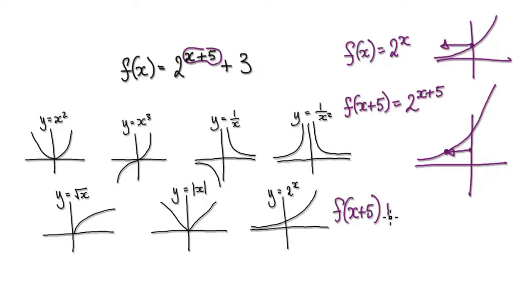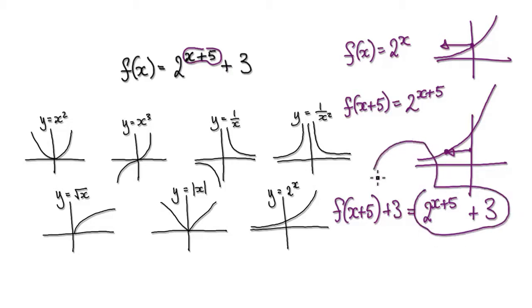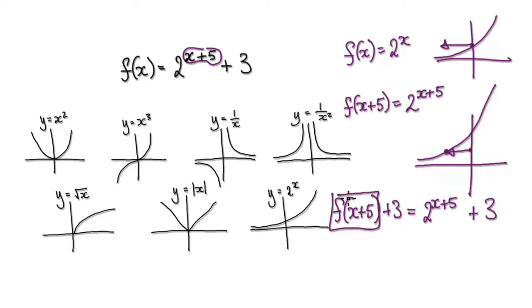The previous graph is 2 to the power of x plus 5, and then you add 3. We have no idea what this looks like, but we do understand this transformation. It says take your previous graph and then move everything up by 3. So looking at our previous graph, move everything up by 3.